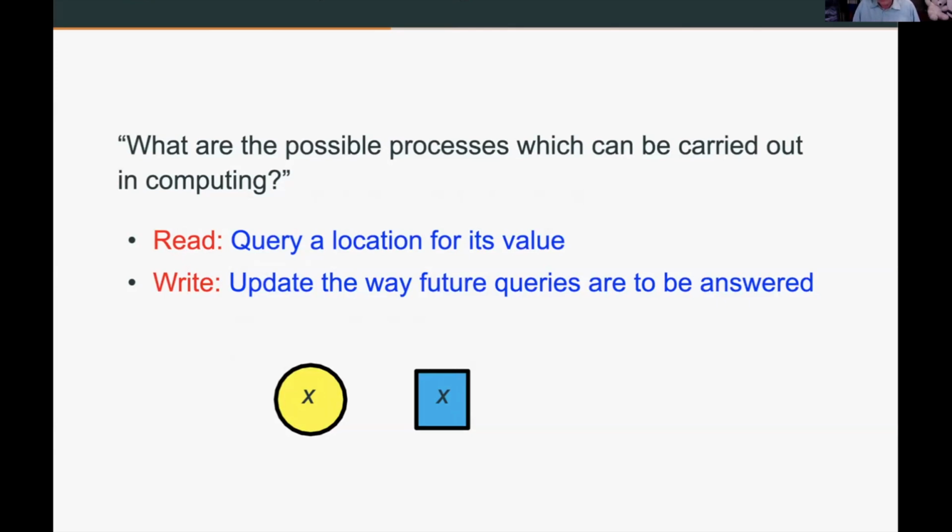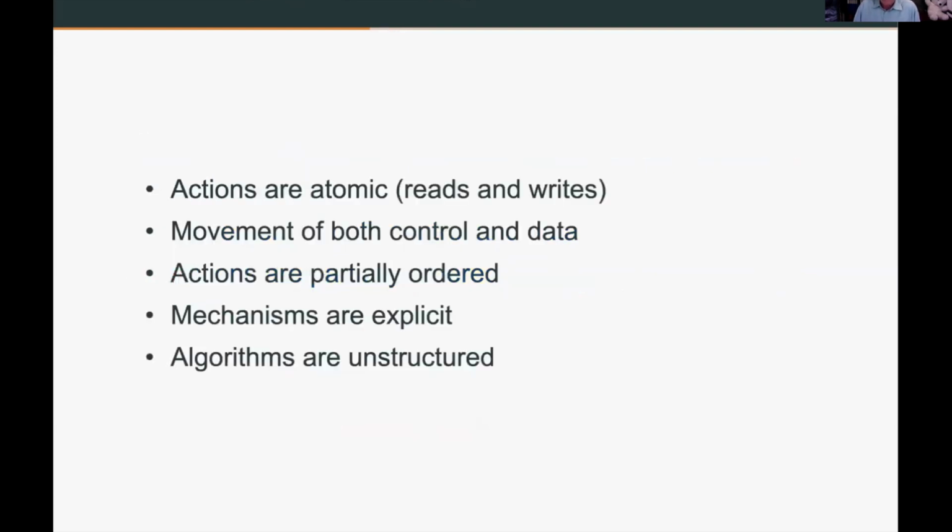So I'm going to use a circle and a square for these two actions in the graph representation. So the vertices can be a read, like this yellow X, or a write, like this blue X. And these are what Turing rightfully understood to be the atomic actions that take place in an algorithm.